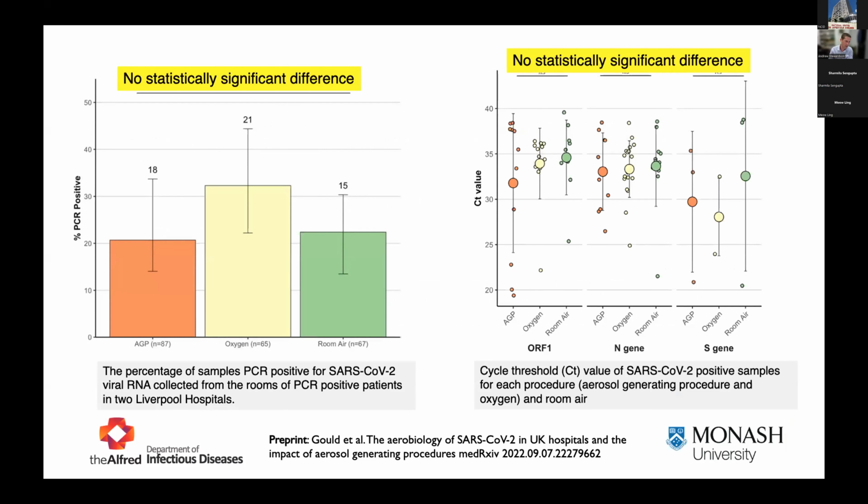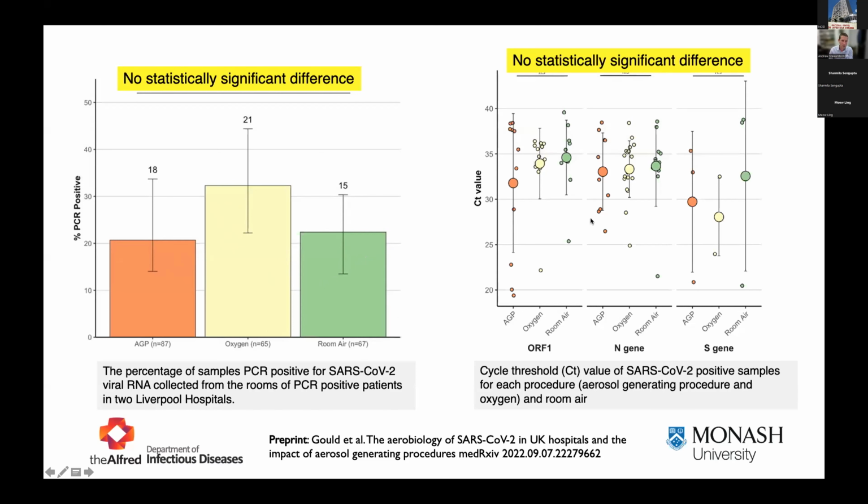Here we can see, if you look first on the left, the percentage of samples that are PCR positive. Amongst patients with aerosol generating procedures, about 20% or so, those on supplemental oxygen, 30%, and those on room air, a bit above 20% PCR positive. And there's no statistically significant difference between those groups.